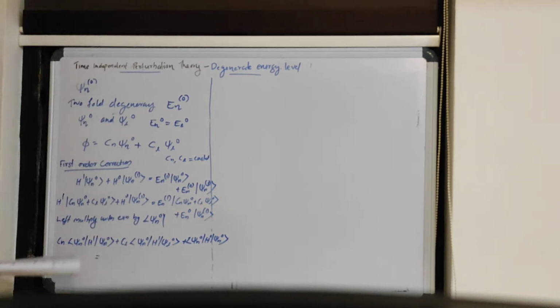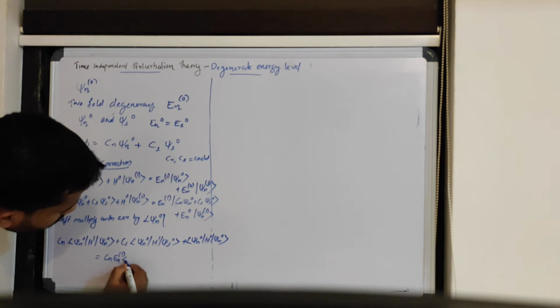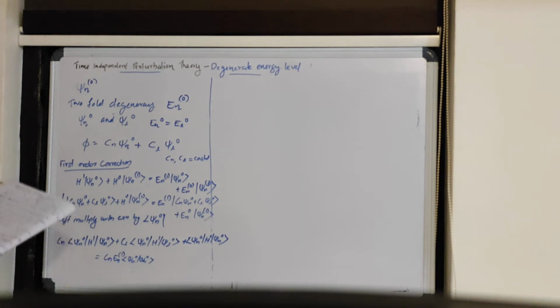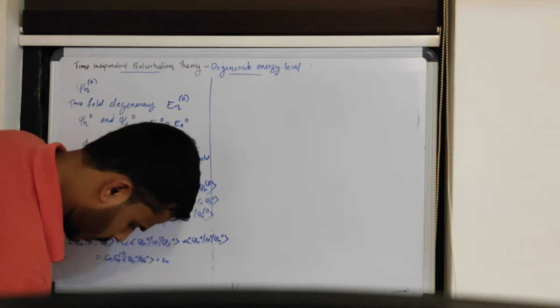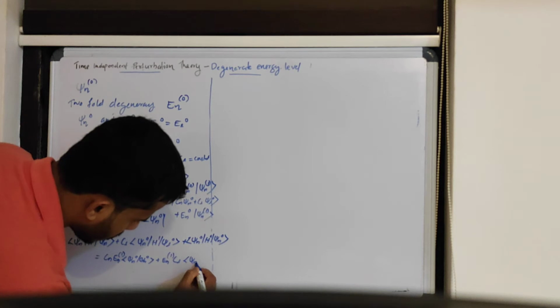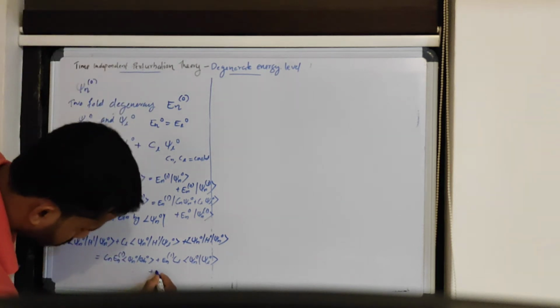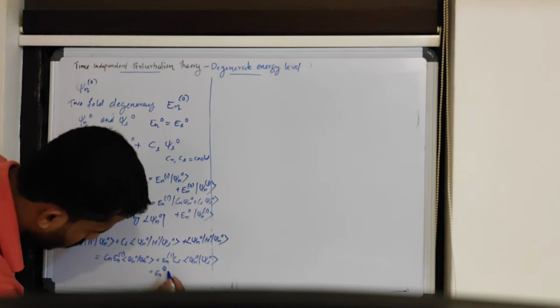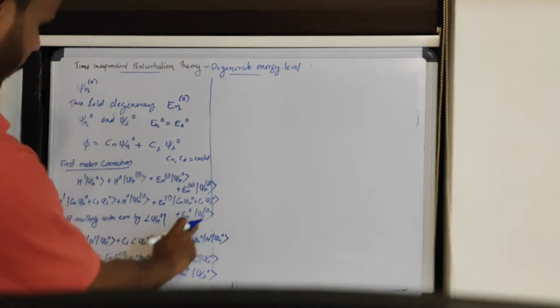What about the right hand side? Cn En1 psi n0 psi n0, plus En1 Cl psi n0 psi l0, plus the last term En0 psi n0 psi n1.